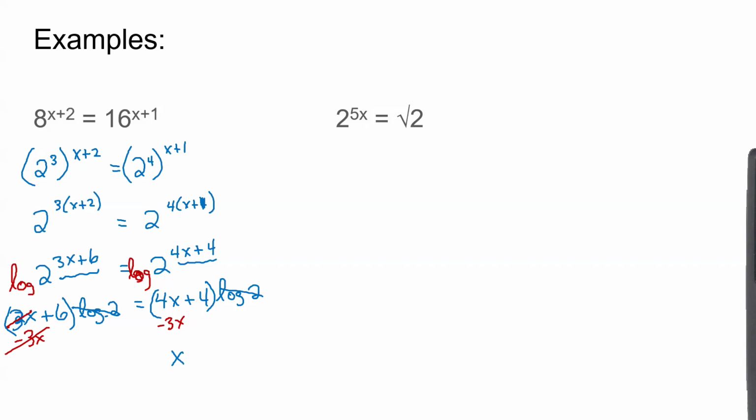What else we got to do here? Got to get this 4 off of this side. So I would simultaneously subtract 4 from both sides. Plus 4 minus 4 cancels. 6 minus 4 is a 2. And I've got my solution there. Okay. So that's a good trick to watch for.